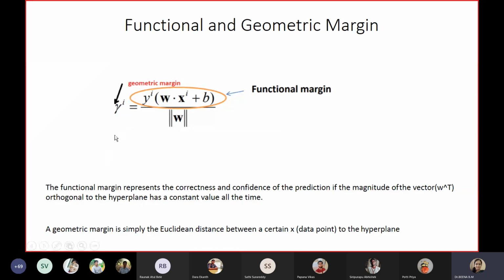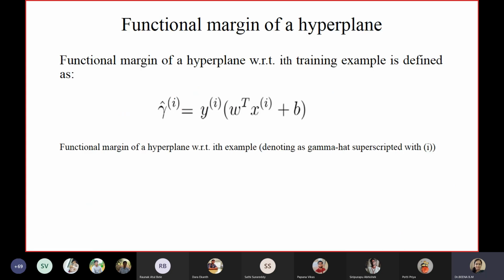The algorithm will be able to correctly classify the data into proper groups. So this is the equation for functional margin for each sample. So here, what do you observe?